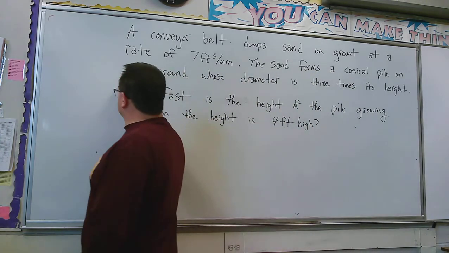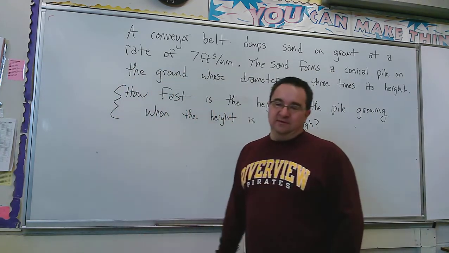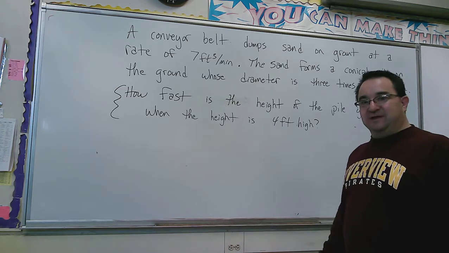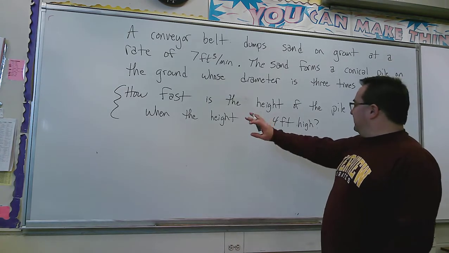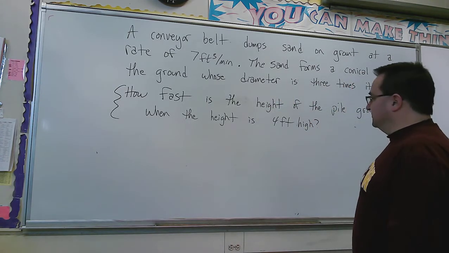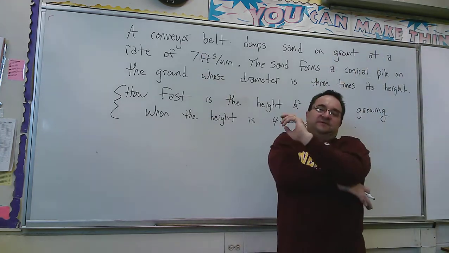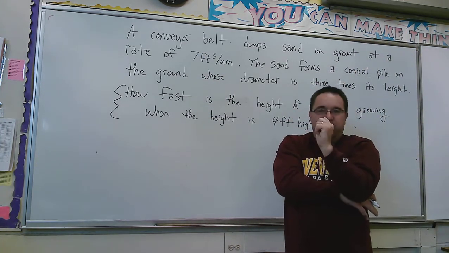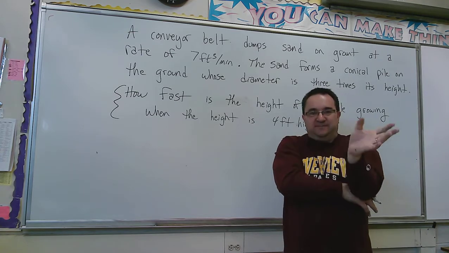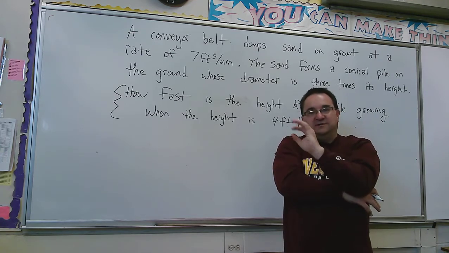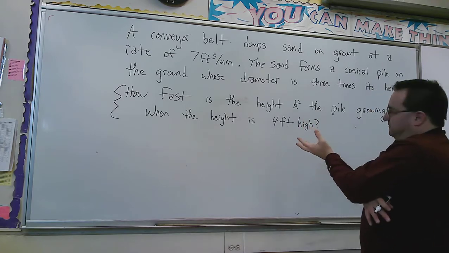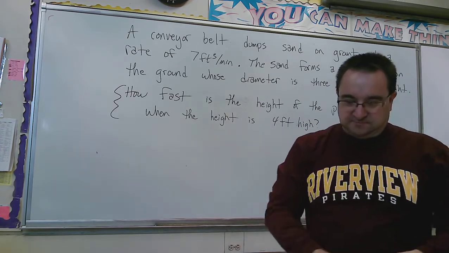And I just want to pull your attention to this question because I know that's going to be strange when you read that. How fast is the height of the pile growing when the height is 4 feet? See, if you read this at a surface level, you're going to have problems. If you're just skimming it and you're just seeing the word height, then this is not going to make a lot of sense.